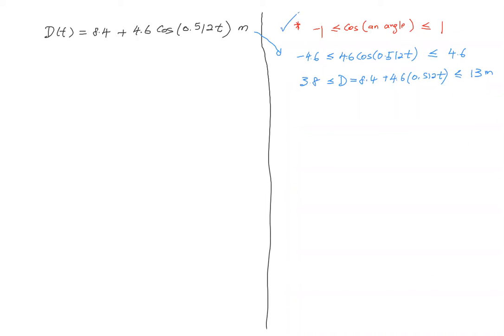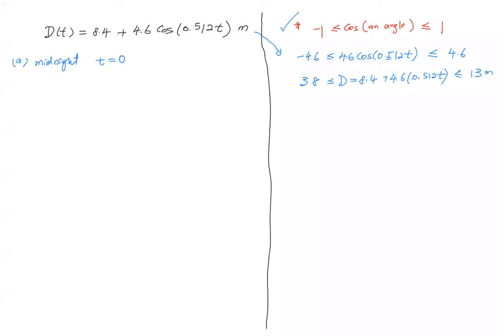Now part A, they say find the depth of the water at midnight. So at midnight, t equals 0, because they said the depth of the water t hours after midnight.